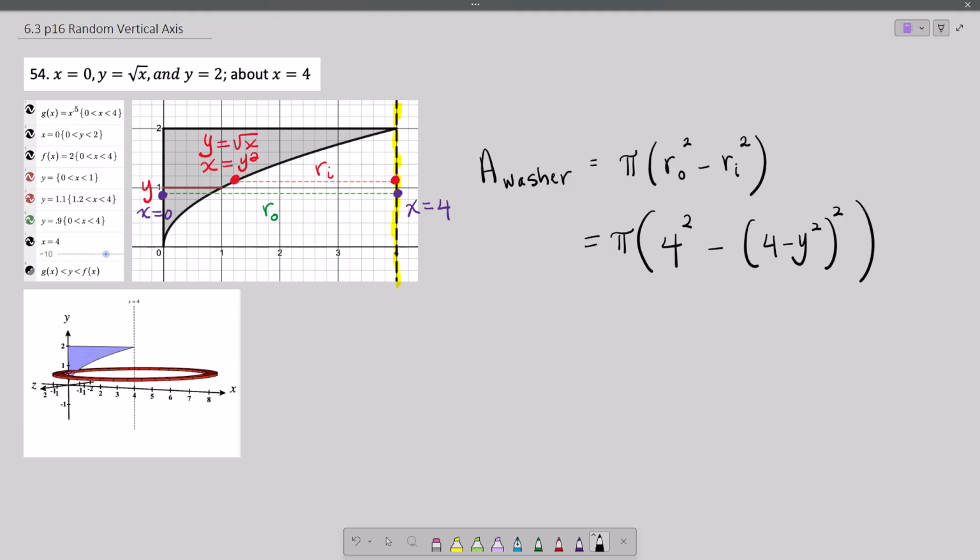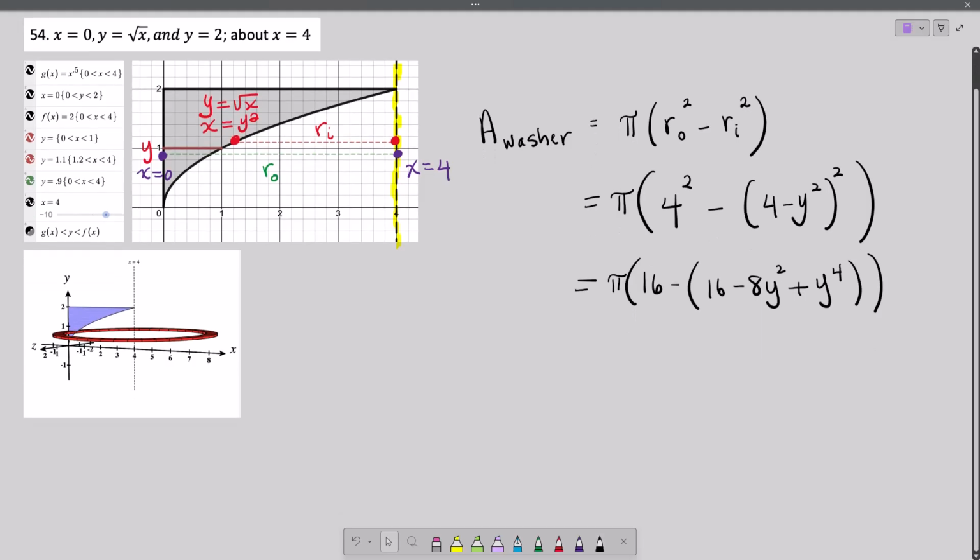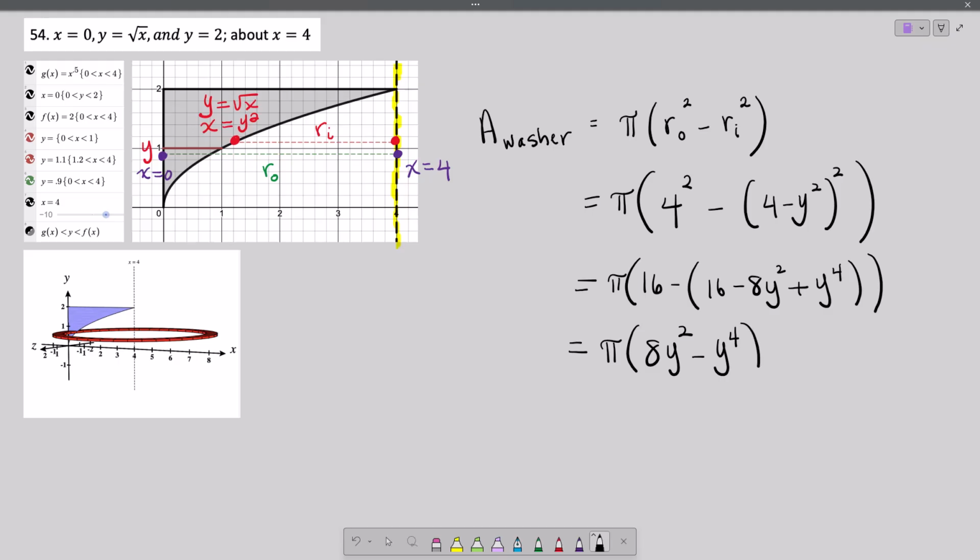Let's go ahead and simplify this mess. So in here, we're going to FOIL this out. And when we FOIL this out, we'll end up with that. And then when we distribute the negative sign and collect like terms, I see a cancellation of the 16s, and I see an 8y squared minus y to the 4th. So that is our simplified area of a washer.